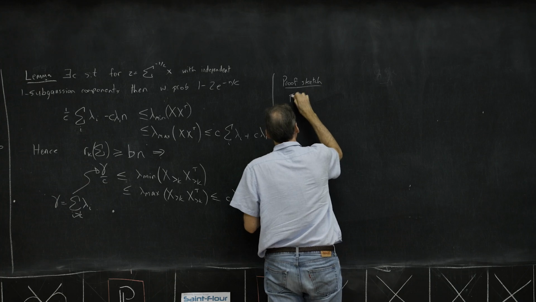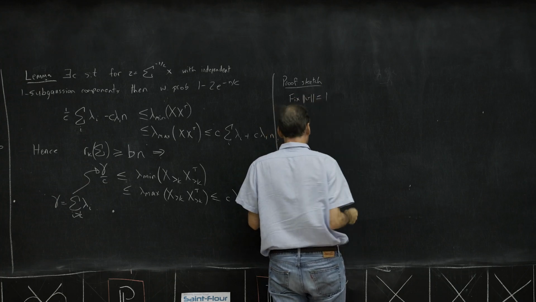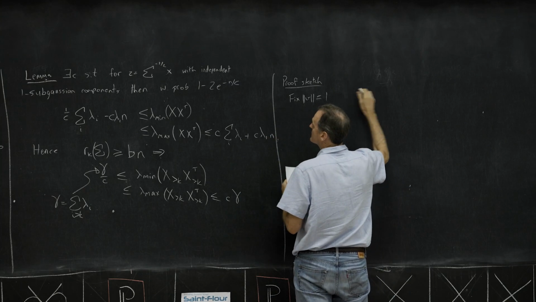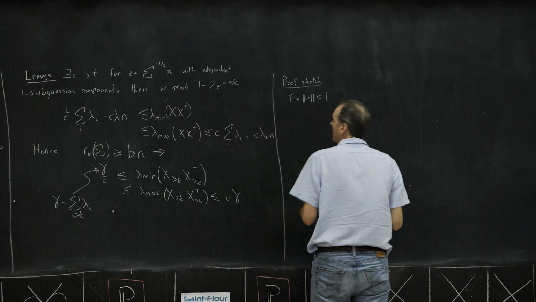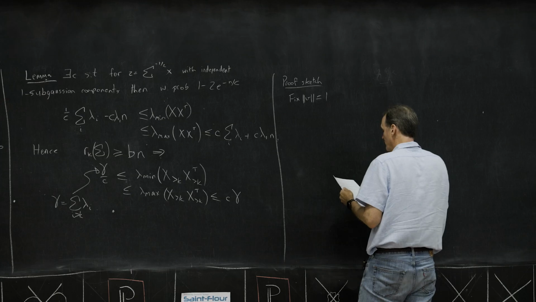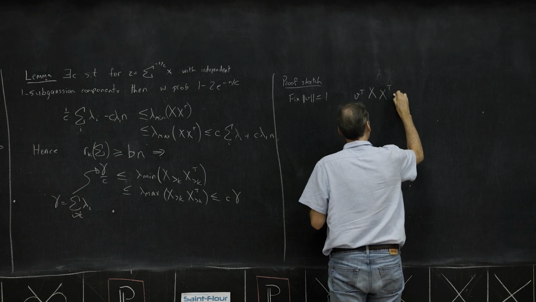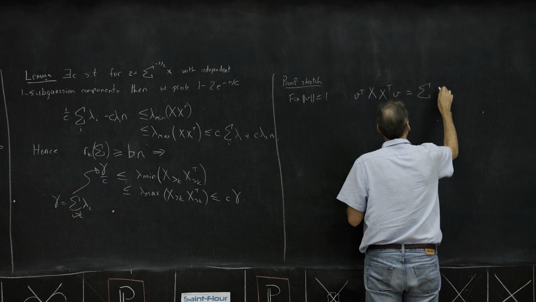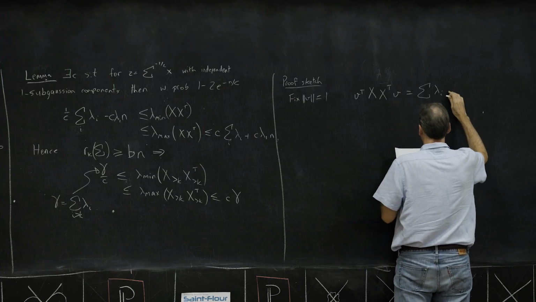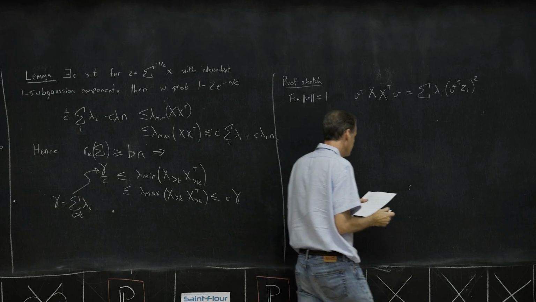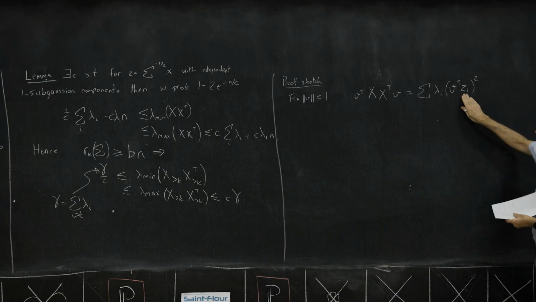So for a fixed v with unit norm, when we look at this thing, v transpose X transpose X v, defining this as the normalized version, this is just the sum of the lambda i's times v transpose z i squared. That's our sub-Gaussian random variable, and we're just looking in this direction v.